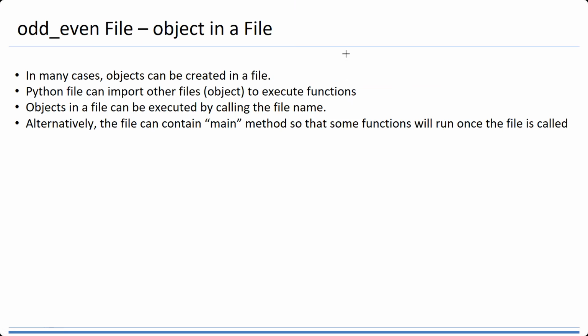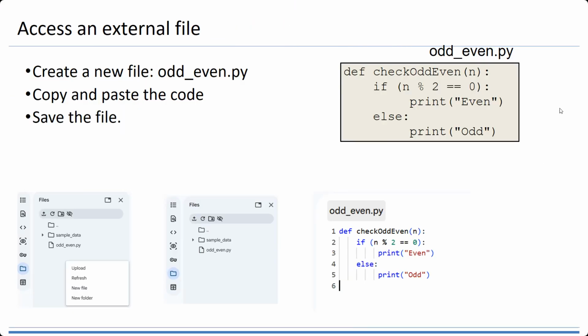We just learned how to define the class in the Google Colab. But what about if you have the class in a file? So for example, you have one file. You can create a file, let's say event.py.